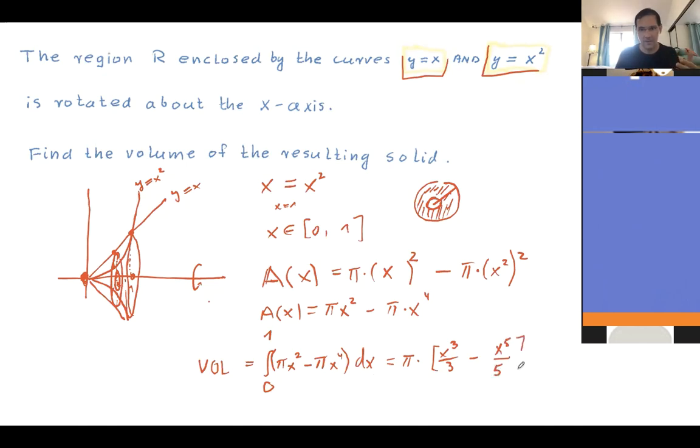Then I just evaluate this function at 0 and at 1. At 1, this is simply pi times 1/3 minus 1/5. At 0, the function is 0. So this is the answer. The common denominator will be 15, so it's 2 pi over 15. Okay, this is the volume.